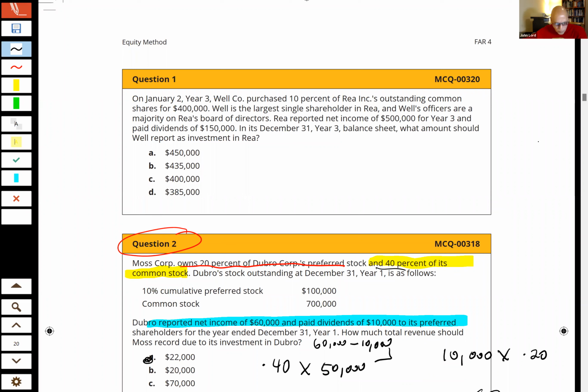I'm not sure why somebody would pick D. Maybe you thought that we shouldn't use the equity method. But the correct answer here is B.